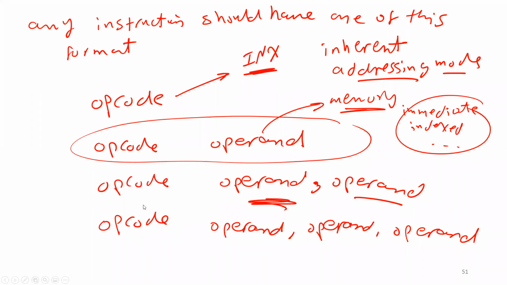And then we have a very few instructions with an opcode and then three operands. Is that okay? You will see now, this is all the formats for instructions we have. Some instructions we call inherent, you don't need to put anything here. Some you need to put one operand, right? One or two or three.